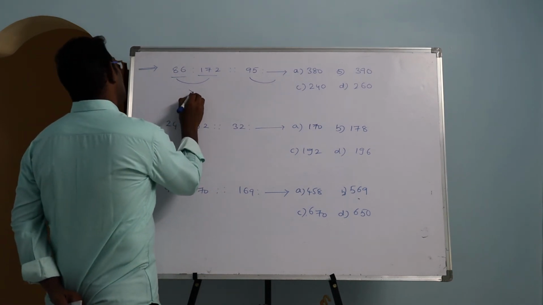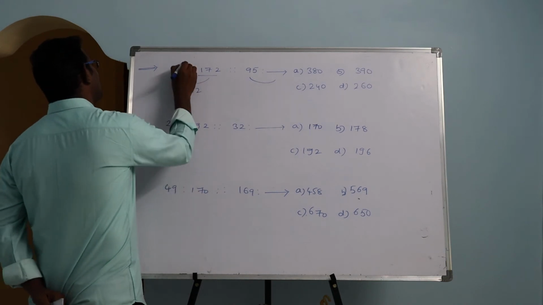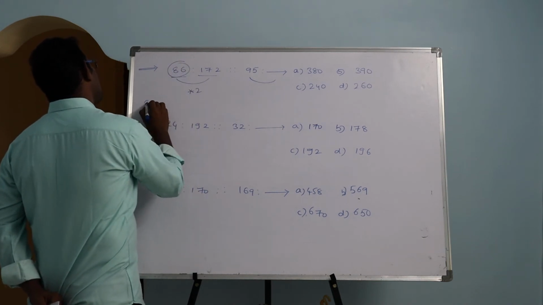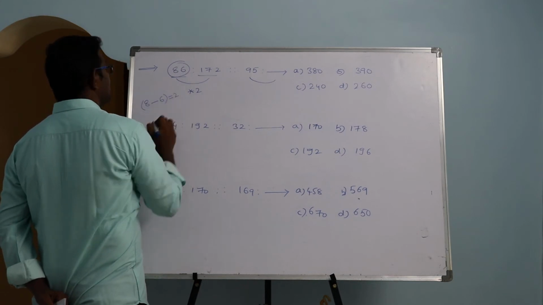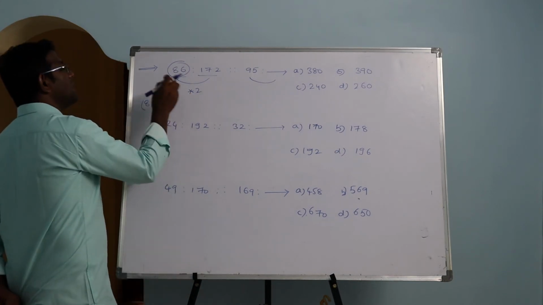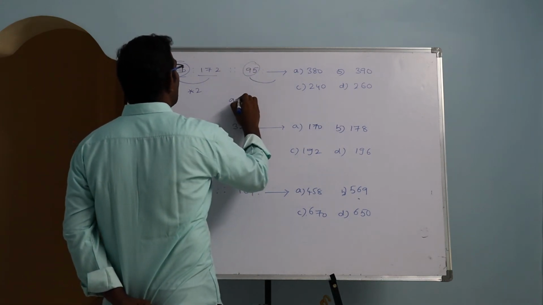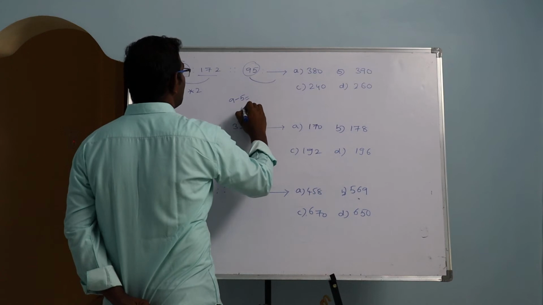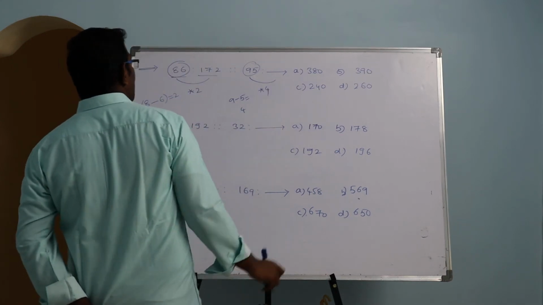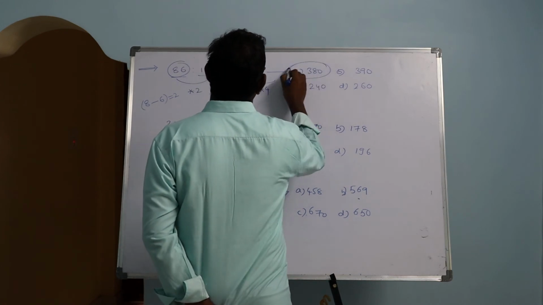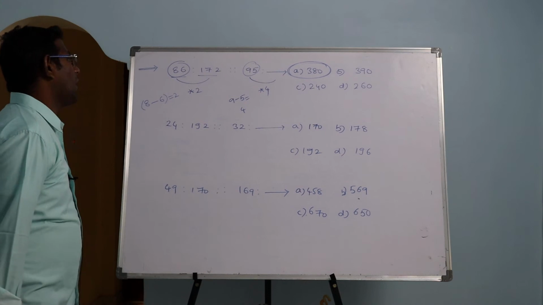Here it is multiplied with 2. Why? Because 86 can be split as 8 minus 6. 8 minus 6 means 2. That's why multiplied with 2. 95, 9 minus 5 means 4. That's why multiplied with 4. 95 4s are how much, sir? The value is 380.